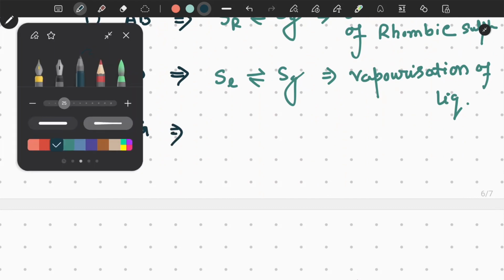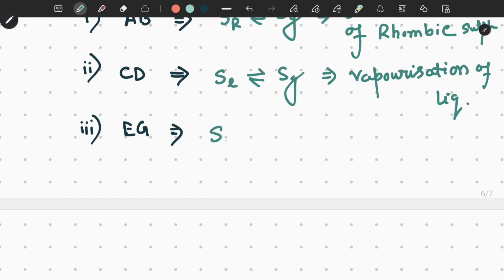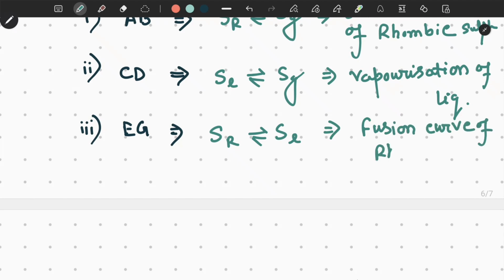At the EG curve, what is happening? Solid rhombic to liquid sulfur. This is the fusion curve, right? Fusion of rhombic sulfur.